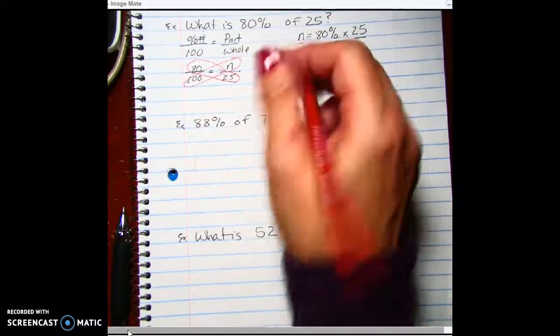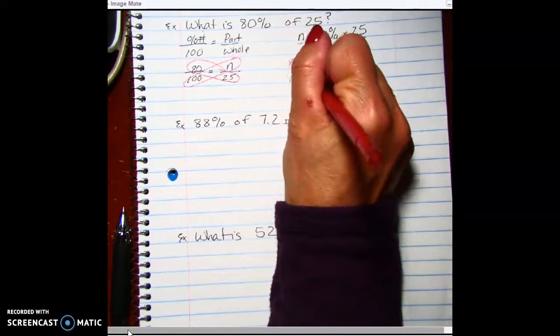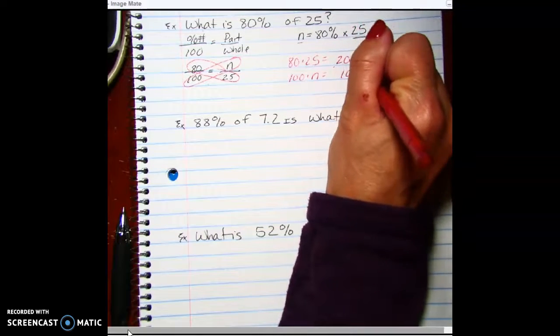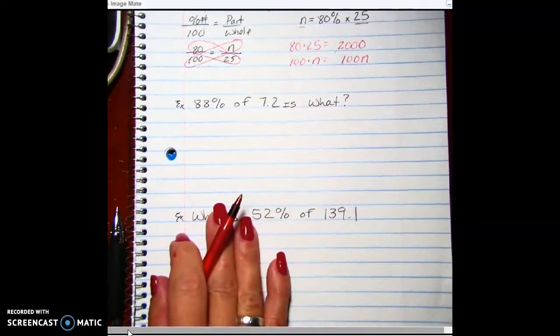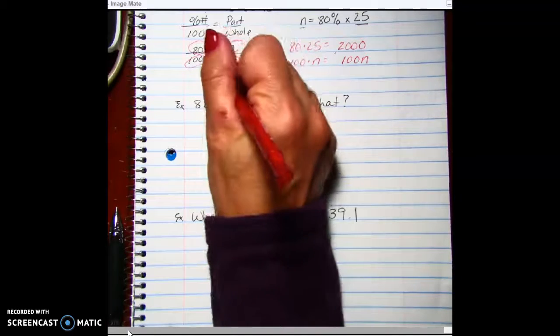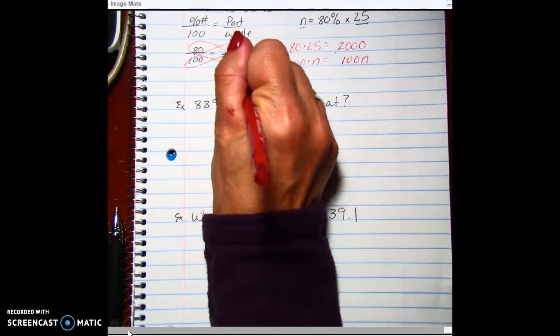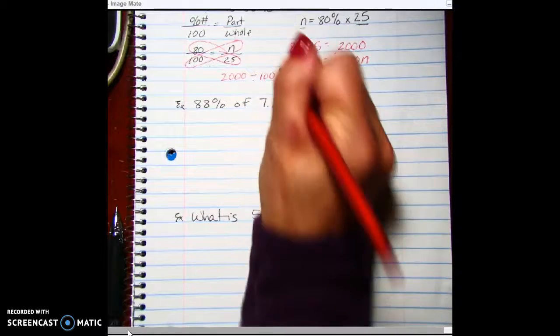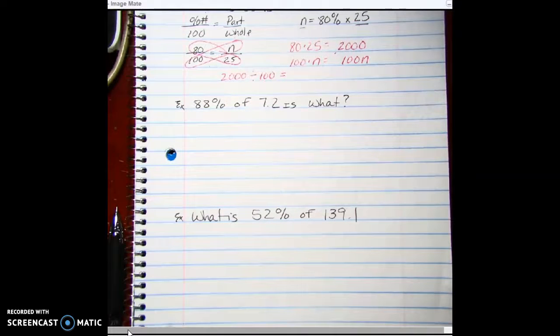And then I take 100 times n, which equals 100n. And then I do the final step. I divide the number without the variable by the number with the variable. And I could use my calculator if needed.